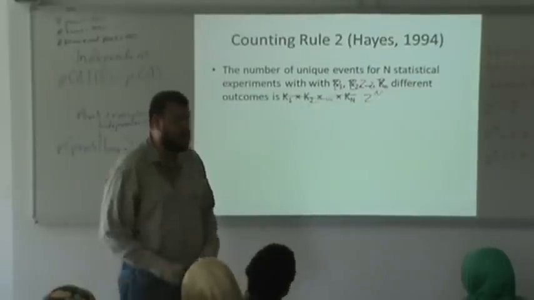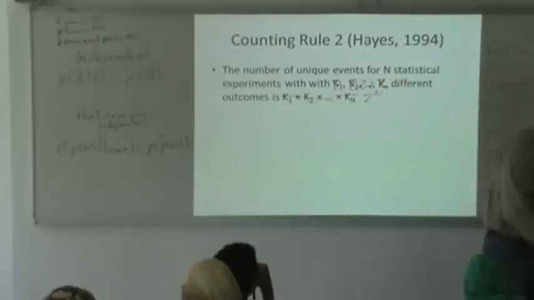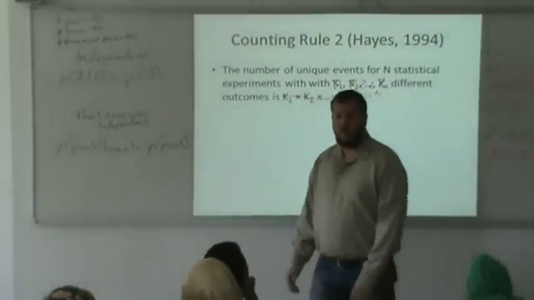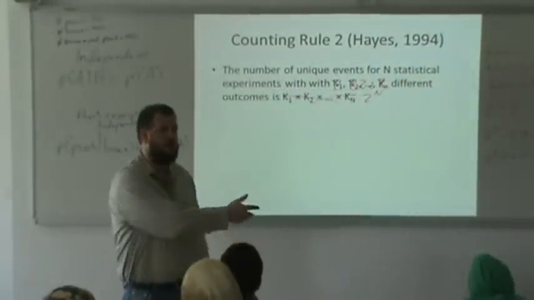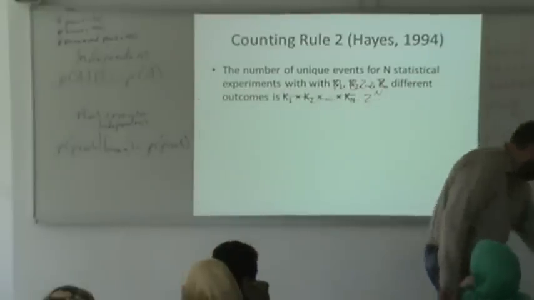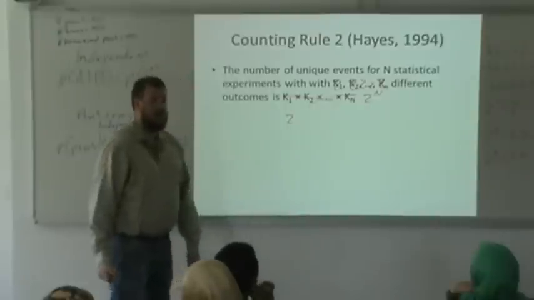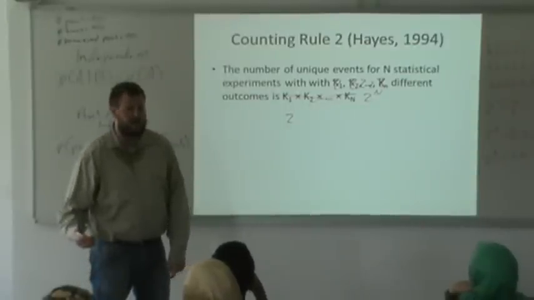Sometimes maybe we don't want to just flip a coin. Maybe we want to flip a coin and roll a die. So for the coin, we have 2, and for the die, 6.